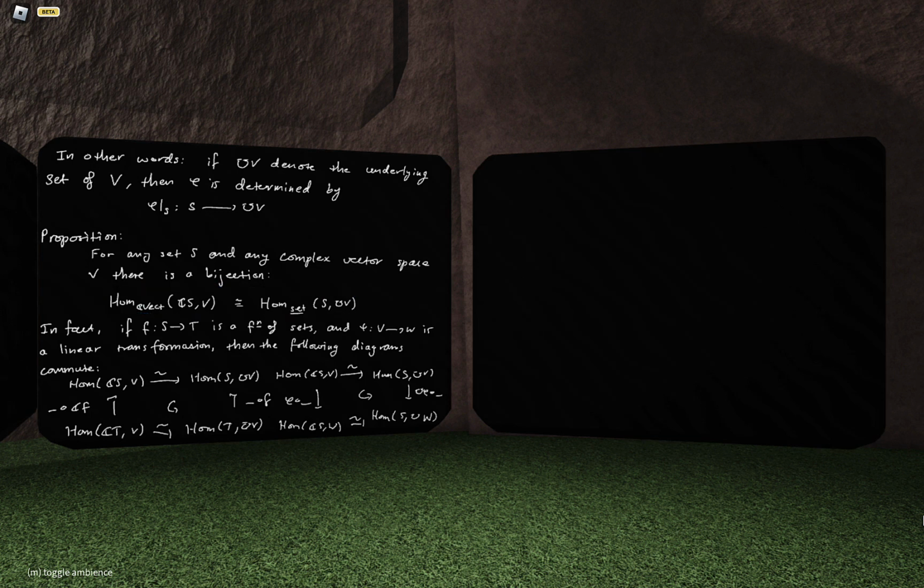Okay, so that's a little piece of structure that exists and it sits there. And we see that there is a strong relationship between the linear transformations, which a priori seem to be a type of function with given restrictions on it.